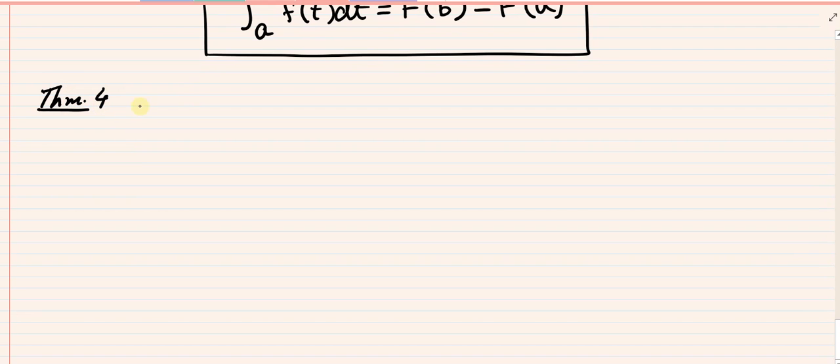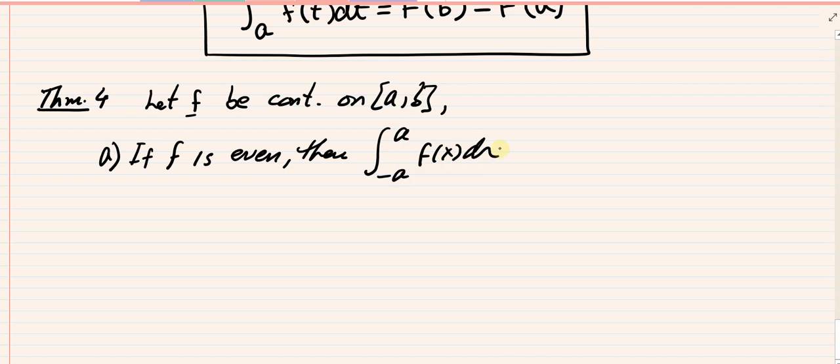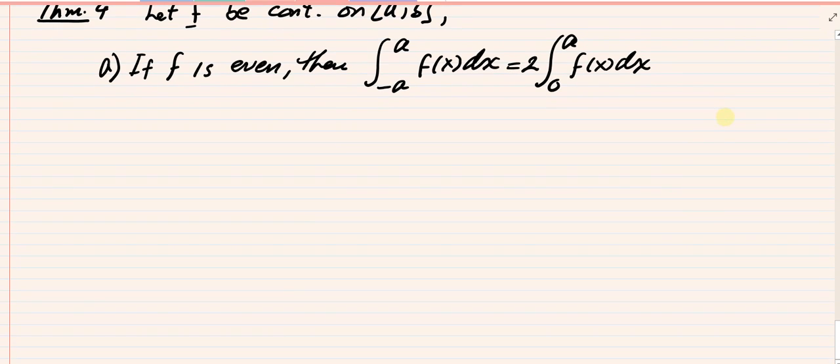This has to do with integrals of odd and even functions. Let f be continuous on a closed interval. In part A, if the function f is even, then the integral from negative a to a of f(x) dx equals twice the integral from 0 to a of f(x) dx.